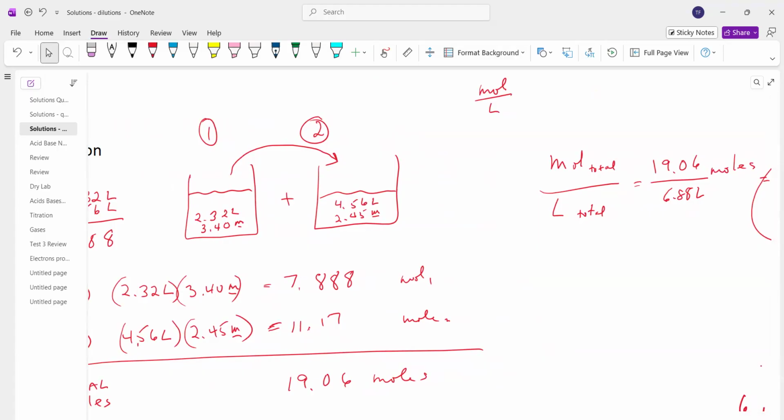Okay. Now this is a lot trickier problem than the other ones.